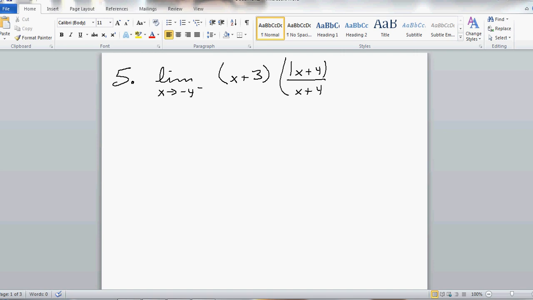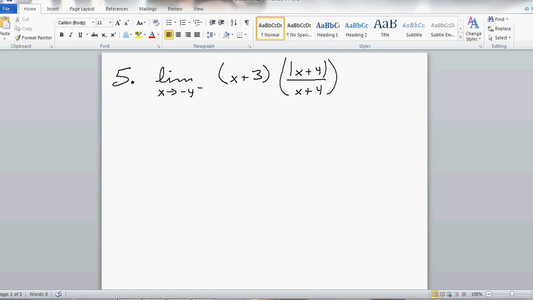x plus 4. A couple things happen here. We can't just simply say x plus 4 over x plus 4 equals 1, because this is the absolute value. But what we can do is think things through. We are doing -4 from the left-hand side.